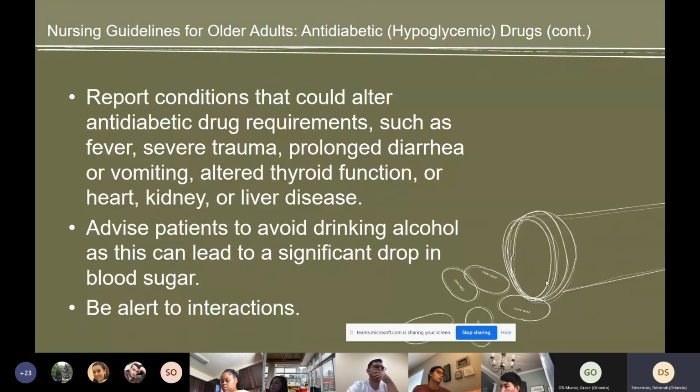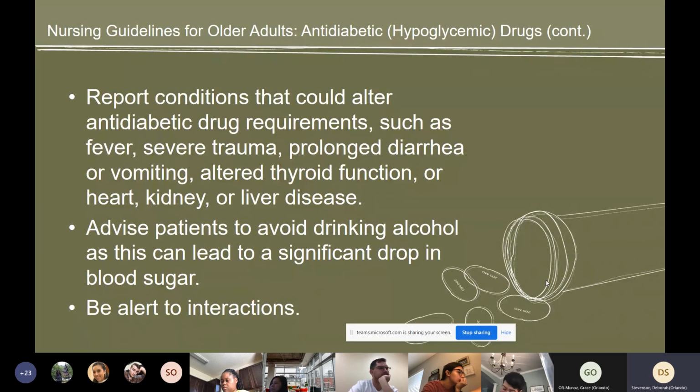If they exercise, we have to think about how they should adjust that insulin, because exercise is going to require more insulin. But again, they should be reporting all of this to their healthcare provider.